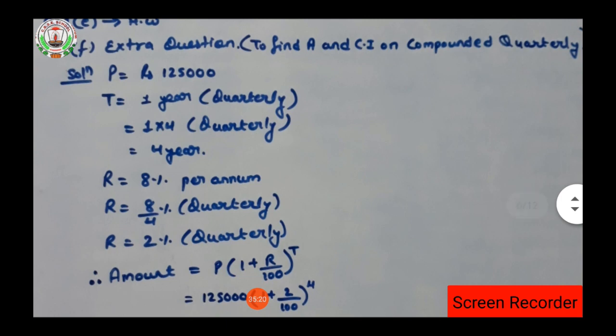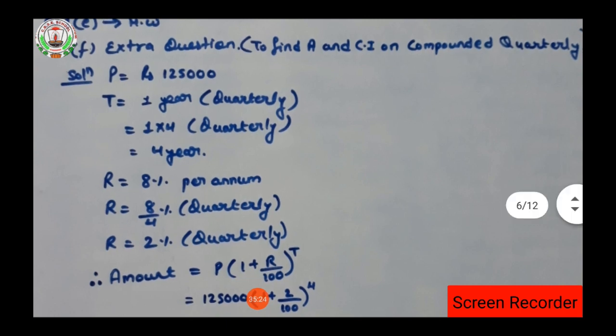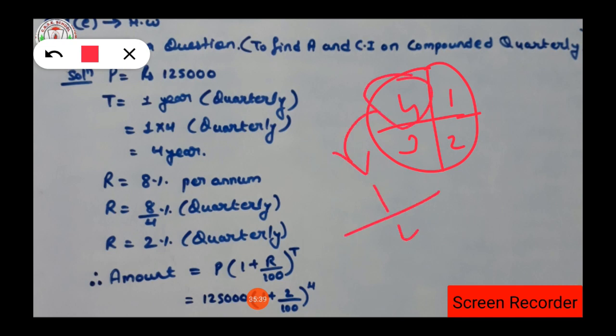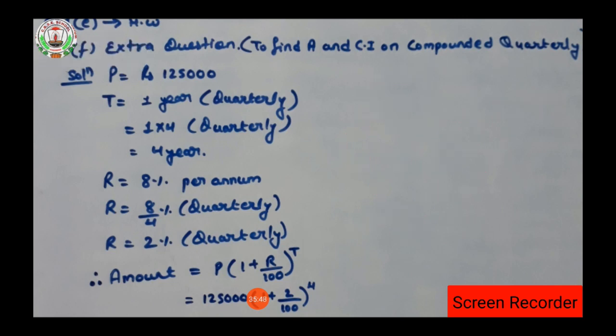If we have a circle divided into 4 quadrants, the fourth quadrant is written as 1 by 4, isn't it? That is the meaning of quarterly. This 1 by 4 is the meaning of quarterly. Clear? So let's see what we are going to do.